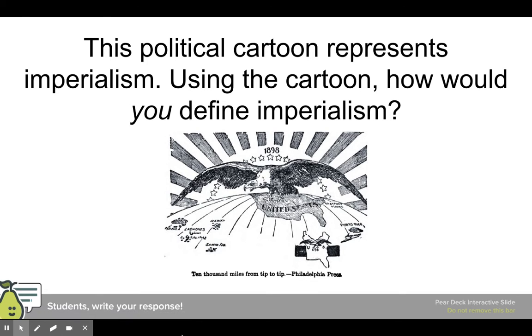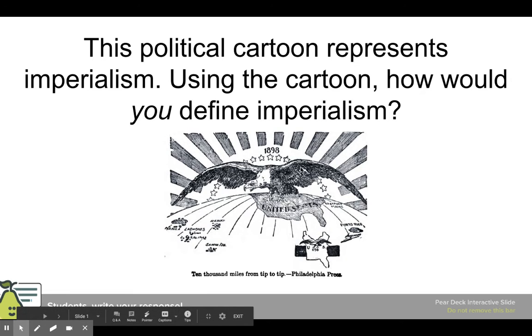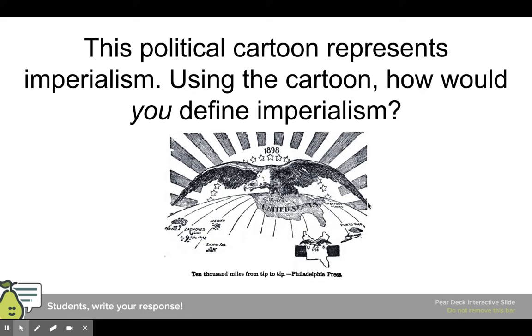Okay, so the first thing I hope you noticed was this giant eagle. As you know, the eagle is the national bird, a symbol of the United States. You see this eagle has its wings spread across this whole part of the world.